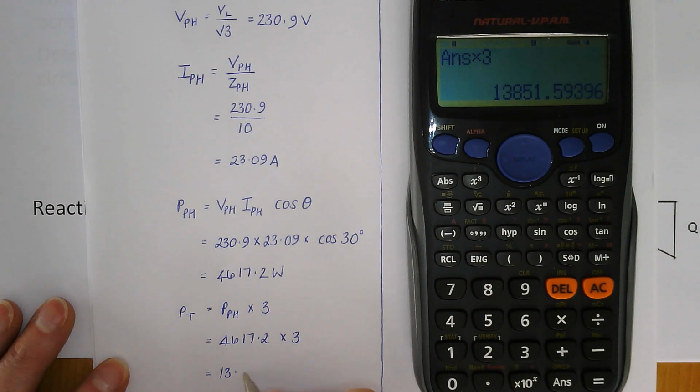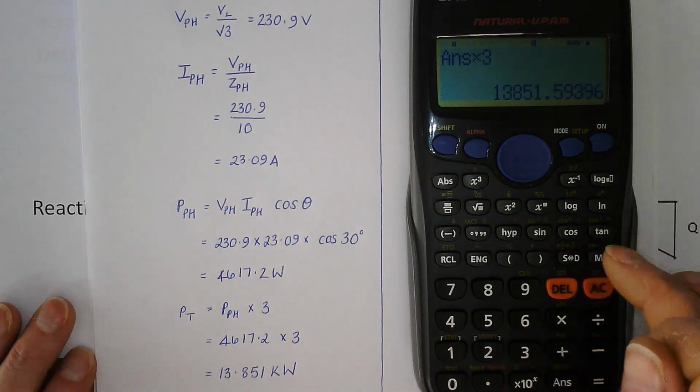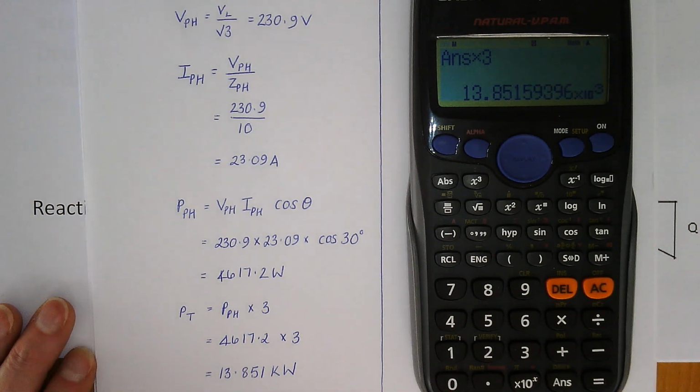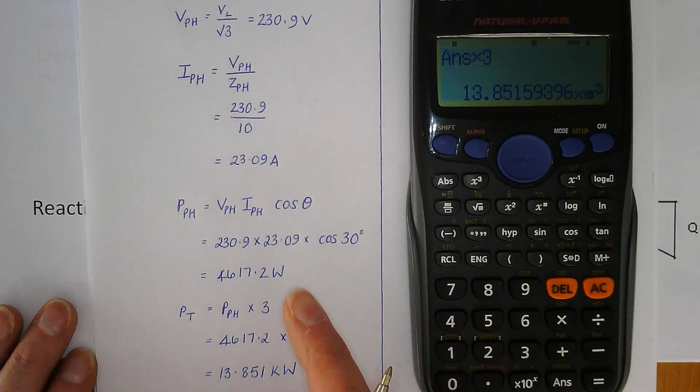And I'm going to change into K here because it's such a big number. So 13,000, so 13K.851. And that's my phase power and my total power.